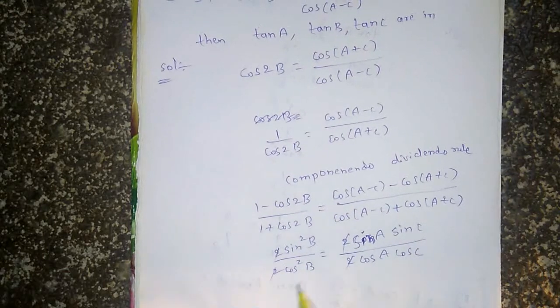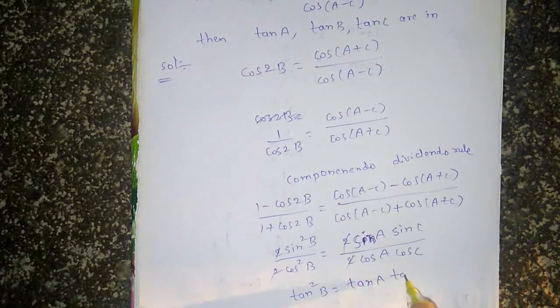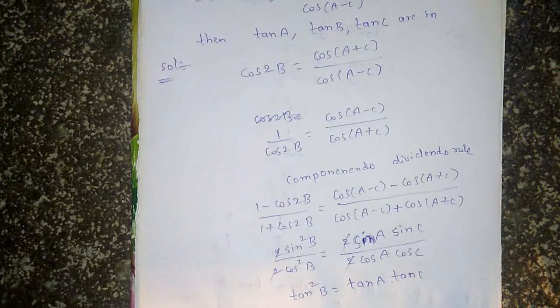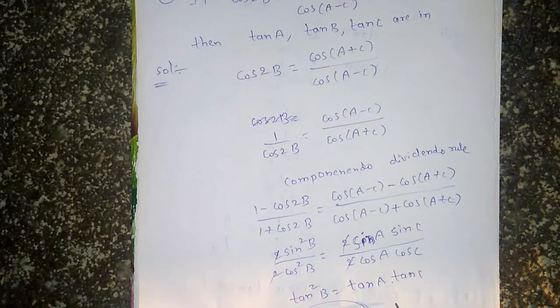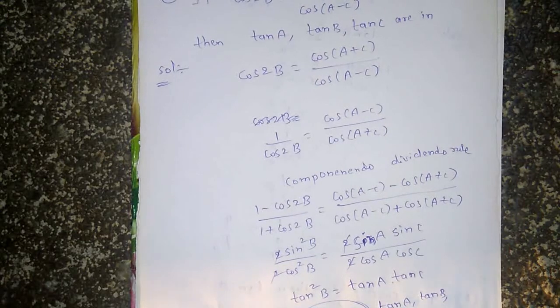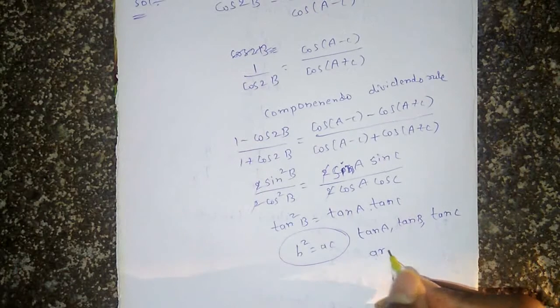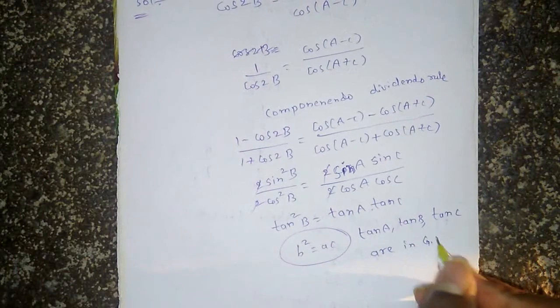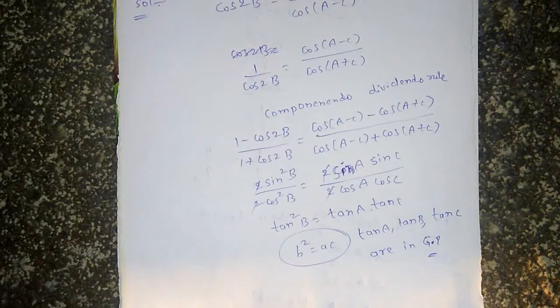Here 2 gets cancelled, that is tan square b is equal to tan a into tan c. So this is in the form of b square is equal to ac, which implies tan a, tan b, tan c are in geometric progression, that is GP. Earlier I said AP, that was a mistake, it is actually GP, geometric progression.